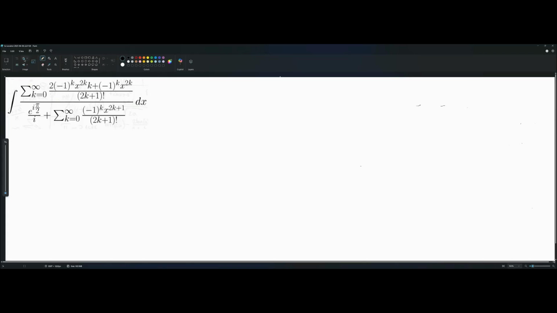Let's take the first term: 2 times -1 to the 0 power, x to the 2 times 0, plus negative 1 to the 0, x to the 2 times 0, over 2 times 0 plus 1 factorial. We can do some canceling out. This is just 1 times 1 over 1 factorial, which is just equal to 1.